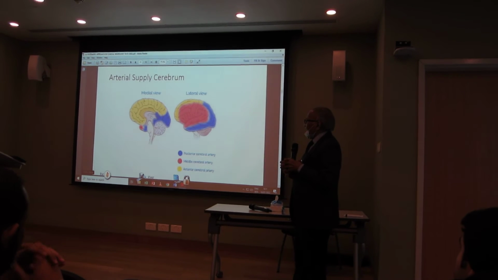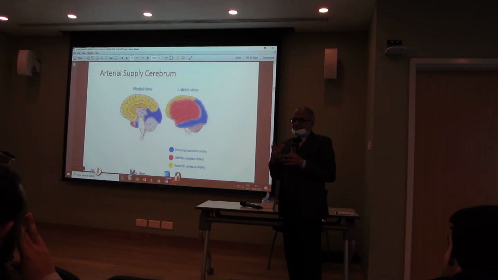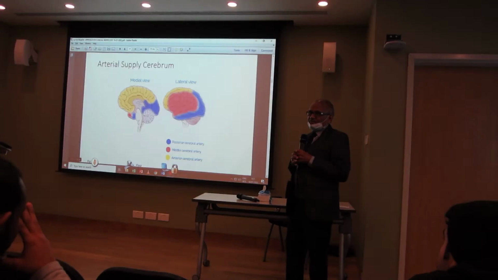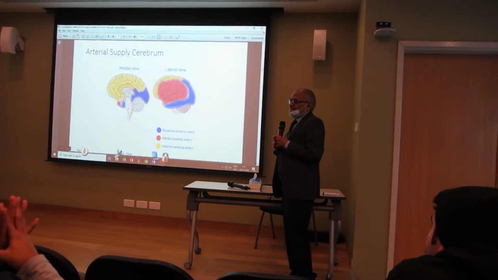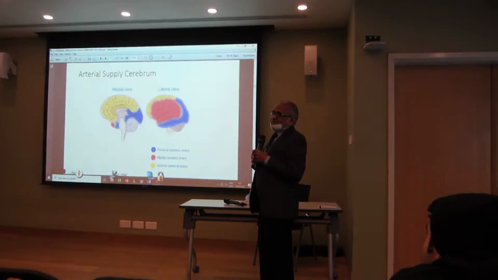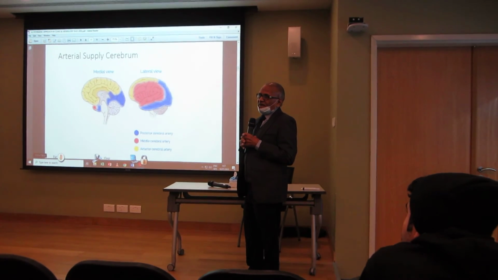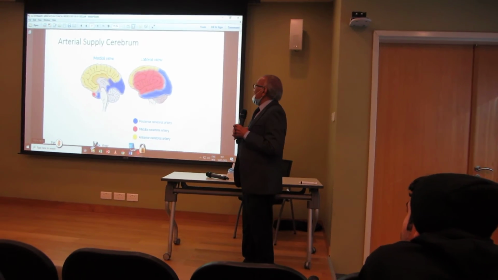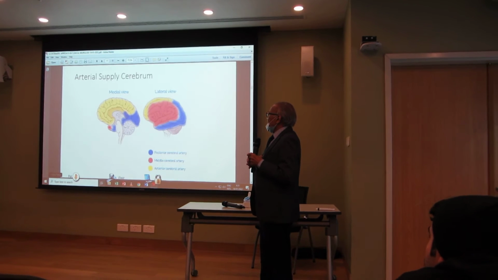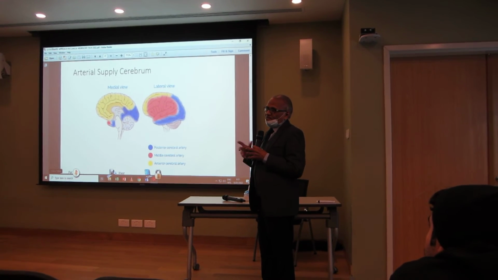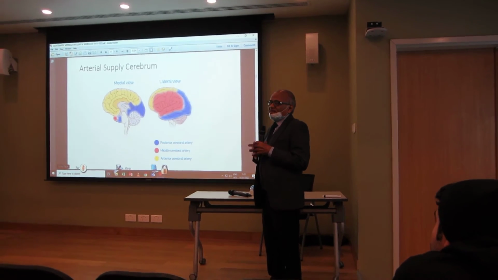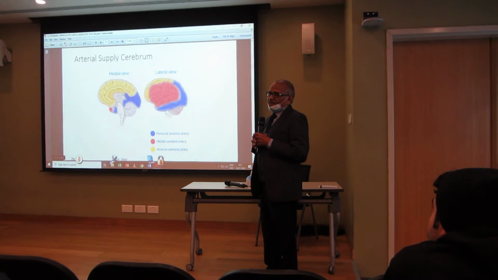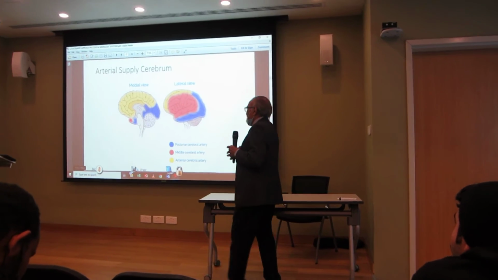There are 3 major arteries: anterior, middle and posterior. The major area on the superolateral surface is the middle cerebral artery. Then in front we have the anterior and at the back, we recall the posterior one is the visual cortex, so the posterior cerebral artery.